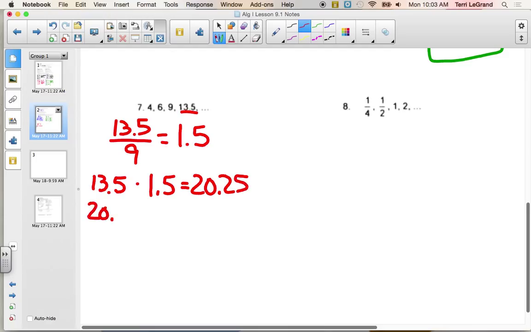Okay, 20.25 now gets multiplied times our 1 5/10. 20 and 25 hundredths times 1 1/2, 1.5. 30.375. Okay, 30.375. The decimal places should start getting longer.